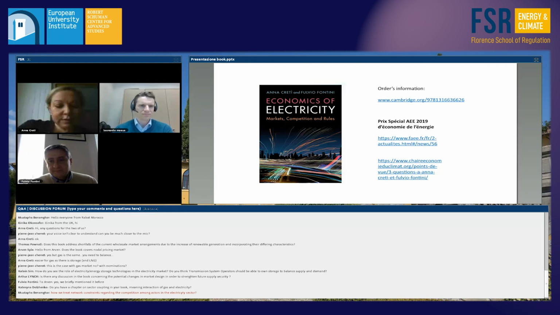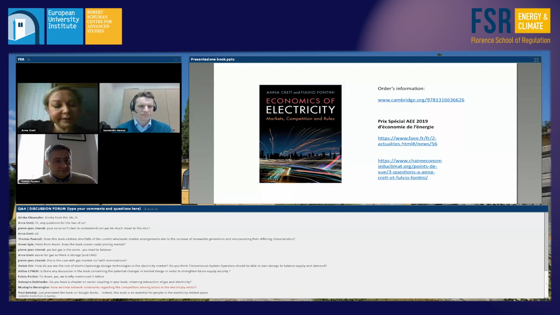And when it comes to understanding the relationship between renewables and, for instance, prices in the wholesale market, we discuss, of course, the merit order effect. That is the fact that having zero marginal cost resources is going to depress, in theory, the wholesale price, but it is not always the case.